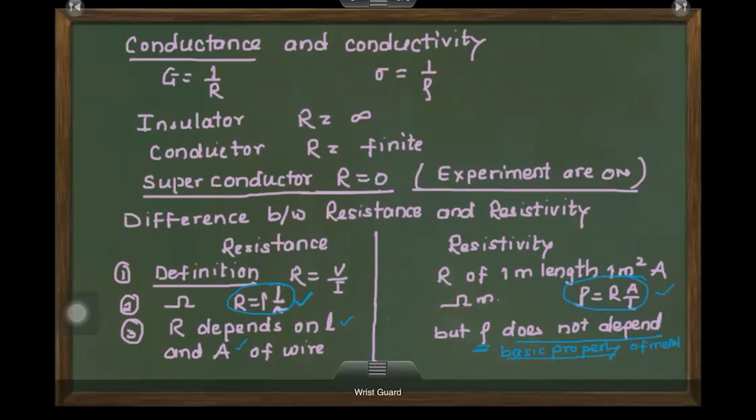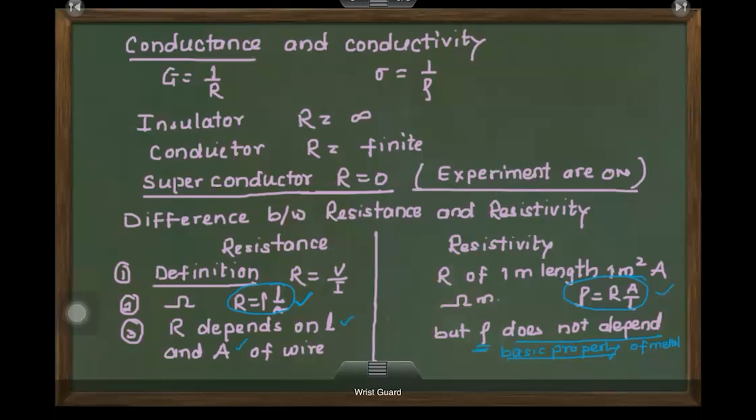So this is one, that if I'm saying you are having a copper wire. So somebody is having 3 meter long wire and somebody is having 10 meter long wire. Copper wire is in both cases. So the 3 meter wire will have less resistance and the 10 meter wire will have more resistance, whereas the resistivity will be the same, because the first wire is also made of copper and the second wire is also made of copper.